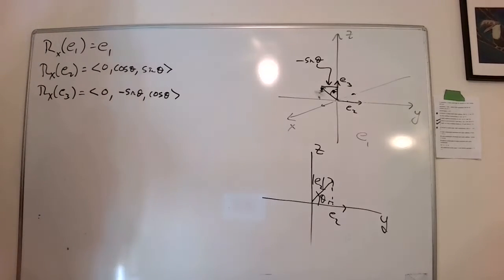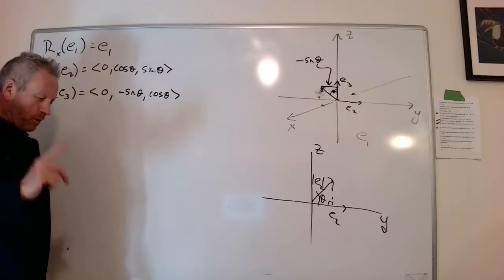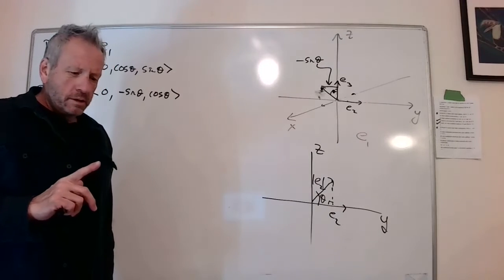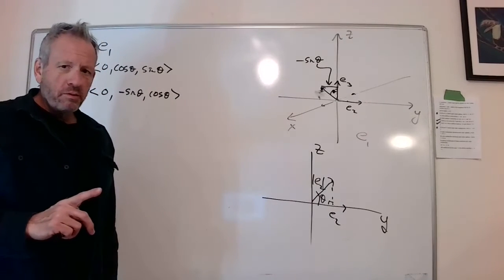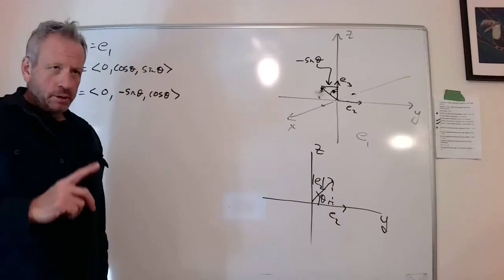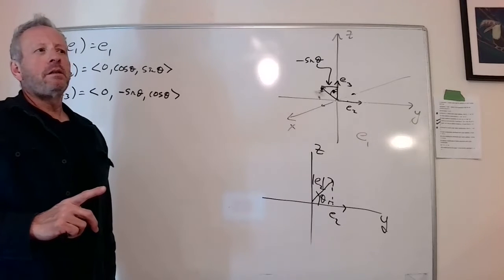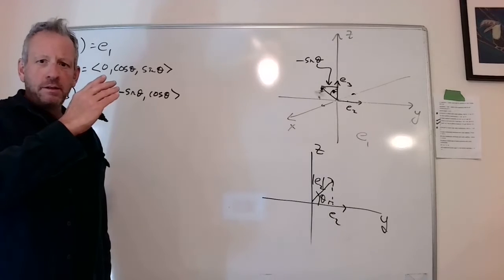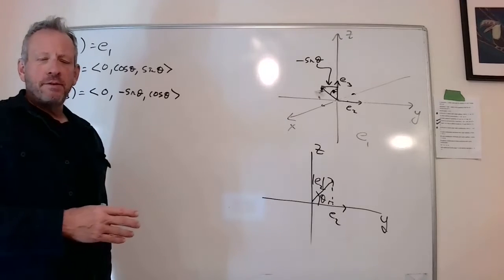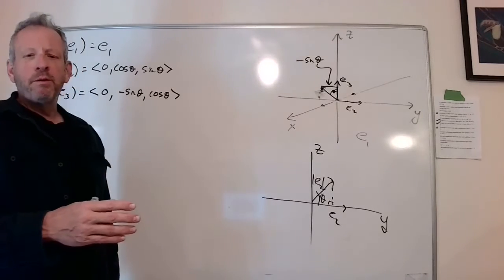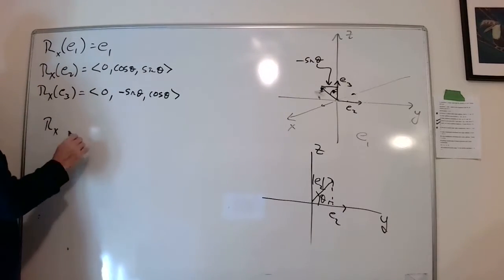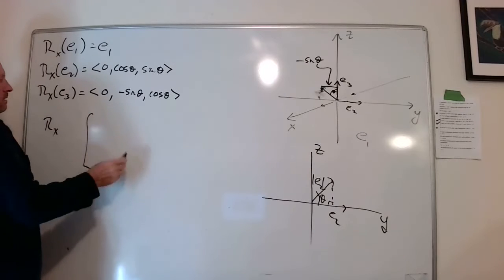Now, how can we write a matrix? Remember, one way to get the matrix which performs a particular linear transformation is to write where the unit basis vectors go as the columns of a 3x3 matrix. So R sub x, basically we can write it like this.